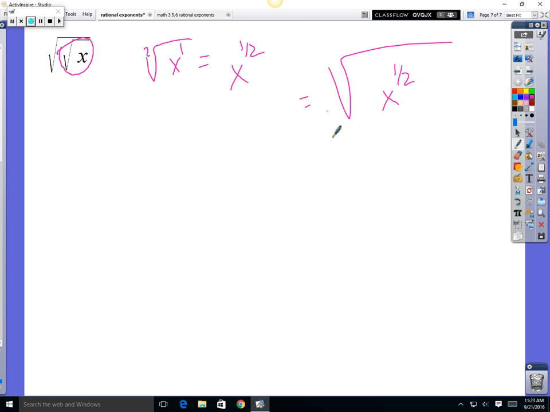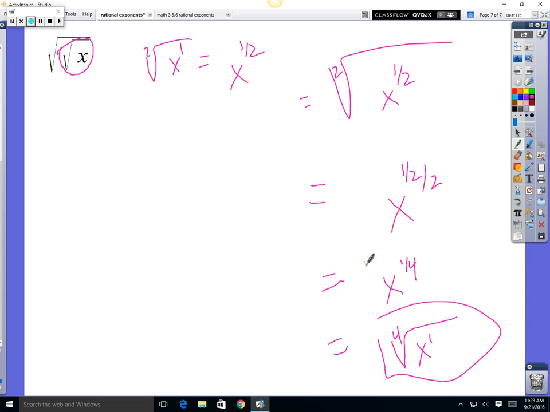If you morph that, it's going to be x to the 1 half and divided by 2, which is x to the 1 4th, which is the same thing as 4th root of x. So that's the same, that's the same. Either one of these.